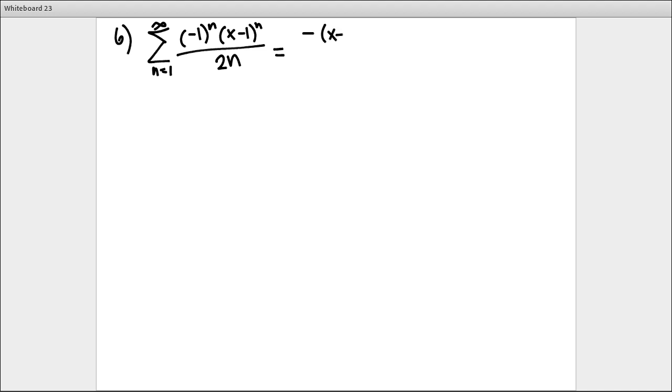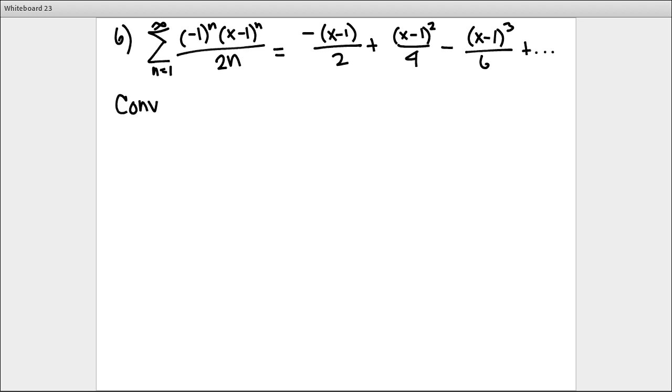If you write out a few terms, which is what they wanted you to do, this would be a negative (x minus 1) over 2, and then a positive (x minus 1) squared over 4, and there'd be a minus (x minus 1) cubed over 6, and it keeps on going like that.